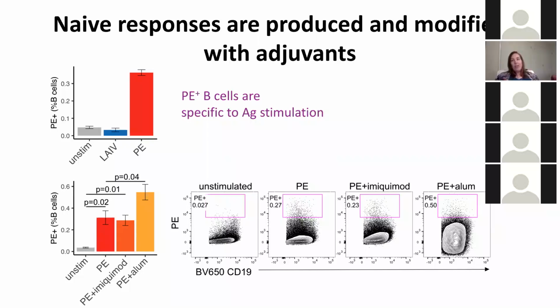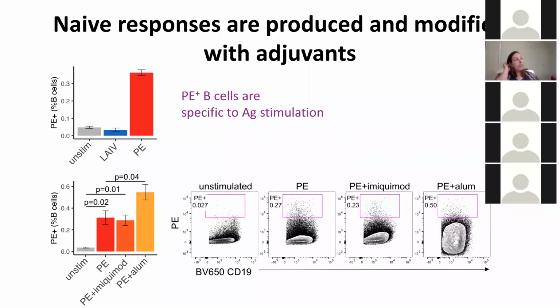So right now we're grappling with the naive response, because clearly that's going to be important for future vaccine development. And one way I've been trying to get at this is by using essentially a foreign antigen that is fluorescent for us to be able to report and detect on the B cells that may be specific for it.